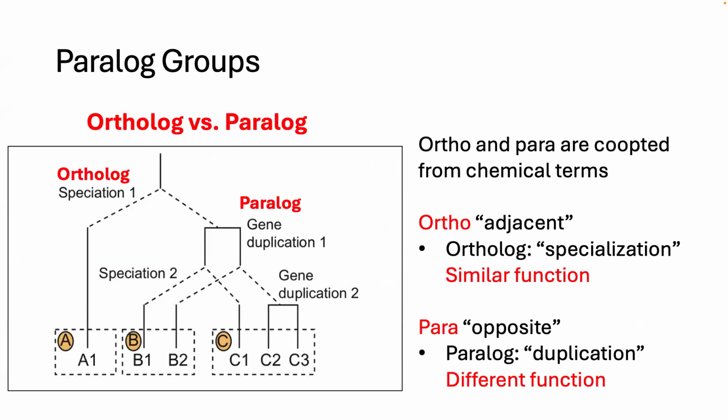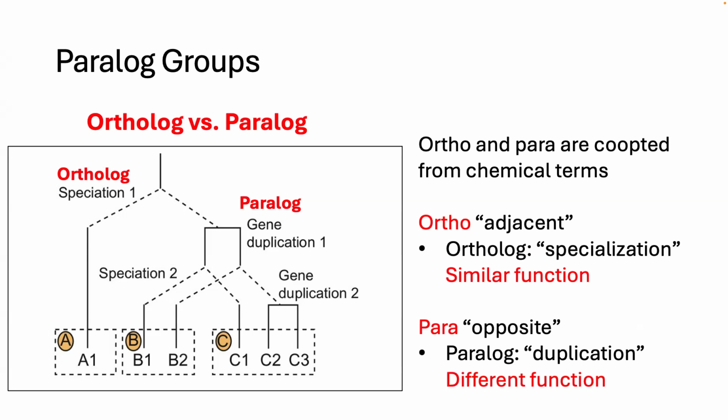But let's take a little more detailed perspective on what these two different things are, the orthologs versus the paralogs. Ortho and para are co-opted from chemical terms. Ortho, you can think of as adjacent or maybe a specialization, and so they have a similar function. So Tar, that's in more than one bacteria, and that's one of the ones I'll be looking at; they're orthologs.